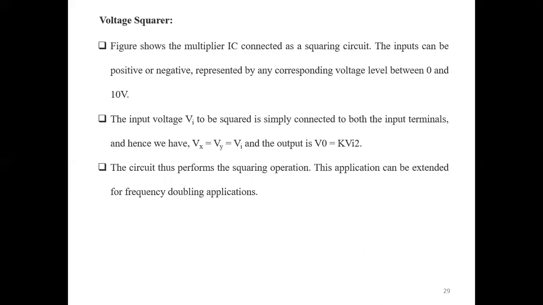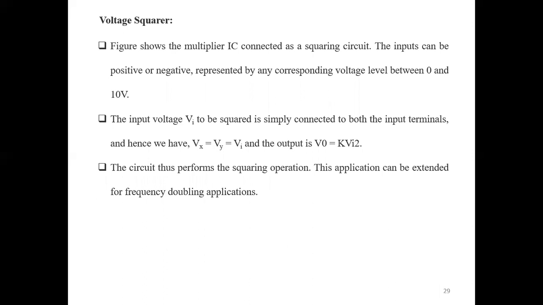The voltage squarer shows the multiplier IC connected as a squaring circuit. The inputs can be positive or negative, with any voltage level between 0 and 10. The input voltage Va to be squared is simply connected to both input terminals, hence Vx is equal to Vy is equal to Va, and the output is V out equal to K times Va squared.